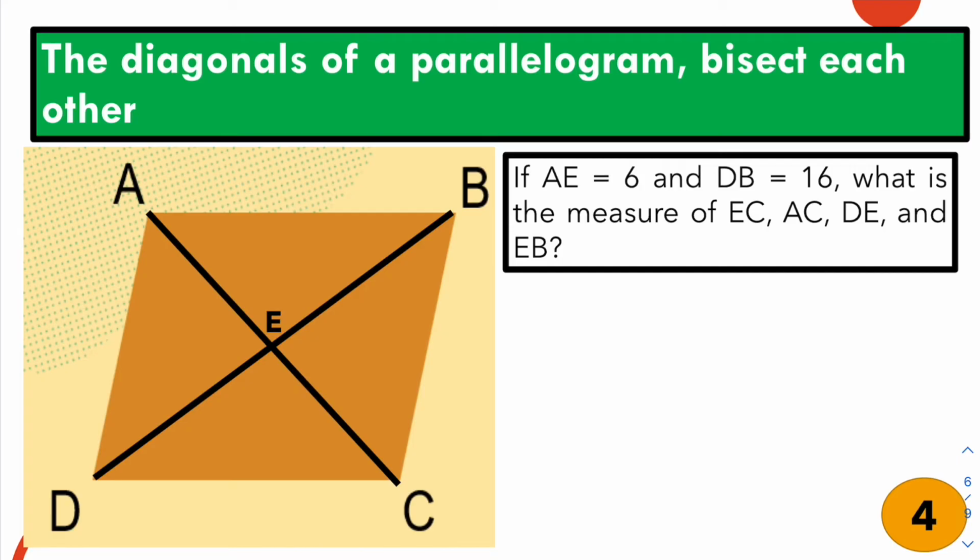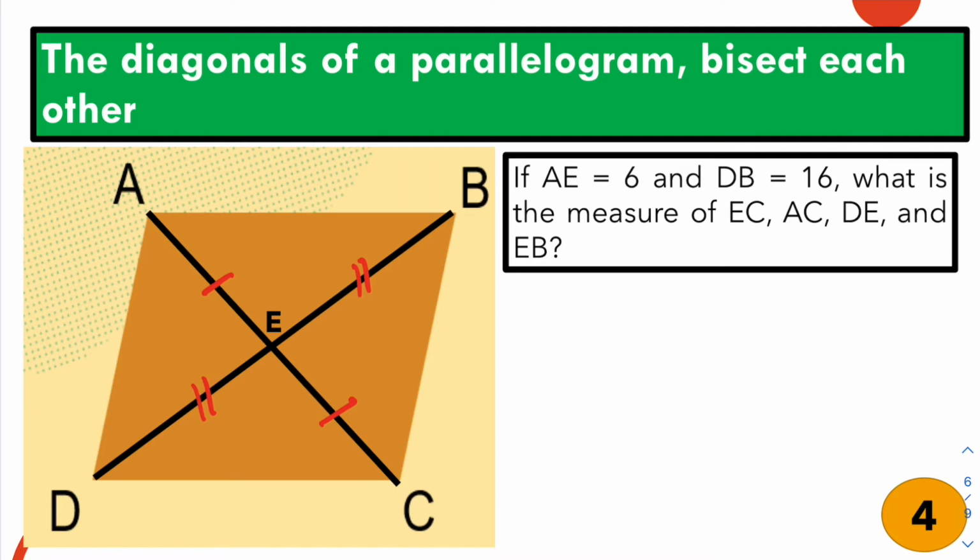Yes, this is our diagonals. DB is also diagonals. Then if they bisect each other, therefore AE is congruent to EC and DE is also congruent to EB.